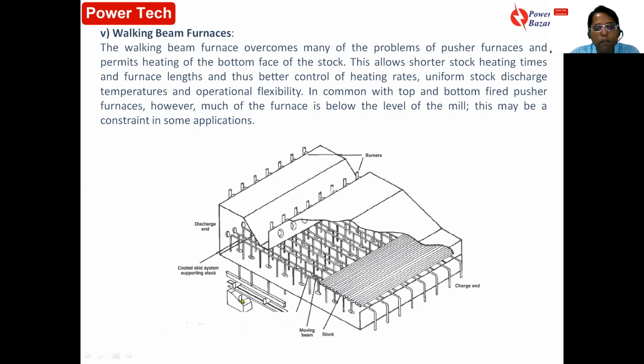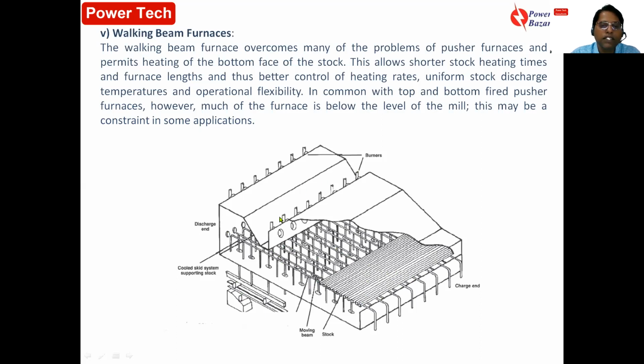After that, it again comes back to the original position. While the movable beam is coming back to the original position, its height gets lowered. Again, this charge or the billet gets the support of the fixed beam. Like this, this movable beam again moves. So like this the movable beam keeps on moving the material from one end to the other end. So this is a simple mechanism of walking beam furnace.